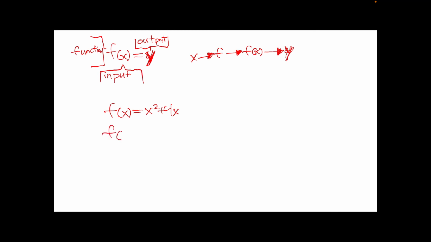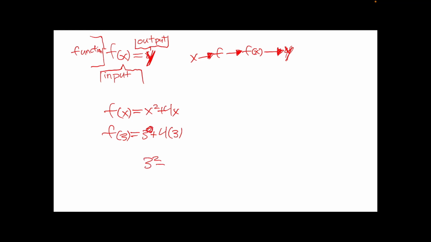So let's try to evaluate f of 3. Well, f of 3 will give us an output 3 squared plus 4 times 3. So what comes first in the order of operations? Parentheses. And what we have in the parentheses is 3, so we can't do anything. Next is exponentiation. And you'll see that we have an exponent right here.